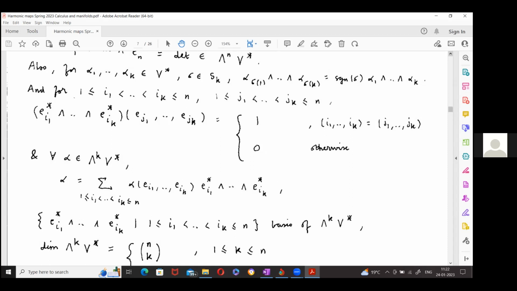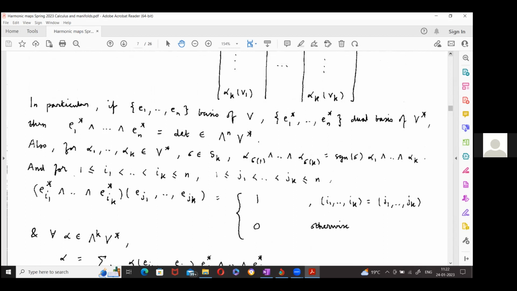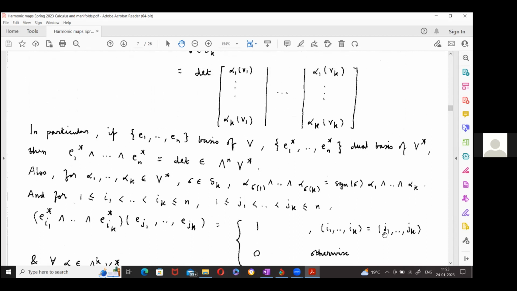Okay, can you see that? Because if I1 to Ik is equal to J1 to Jk, then this matrix becomes the identity matrix. So the determinant is 1.